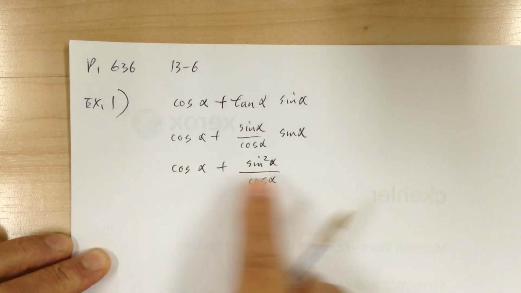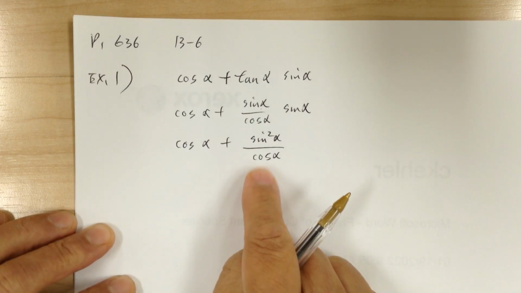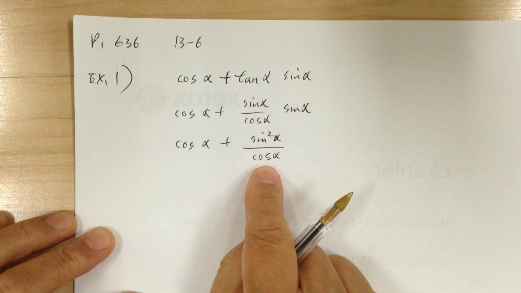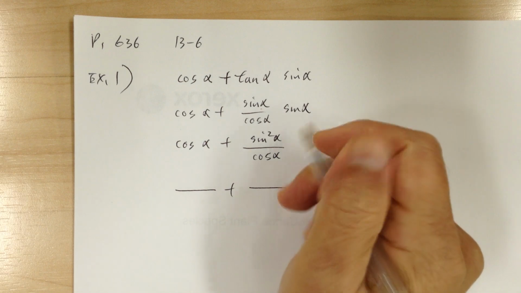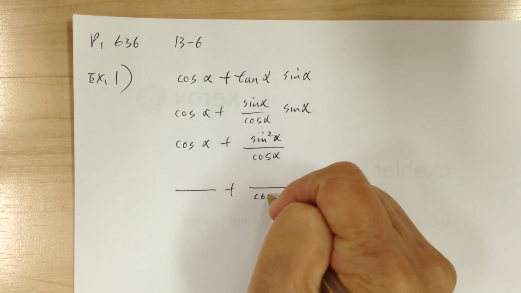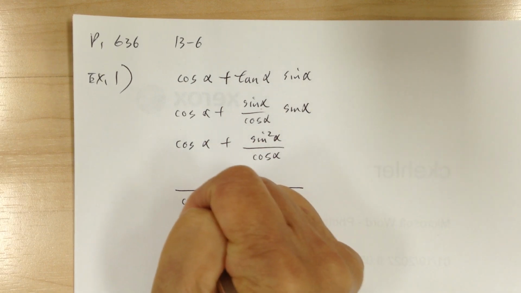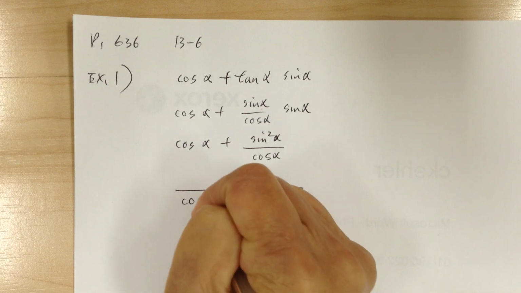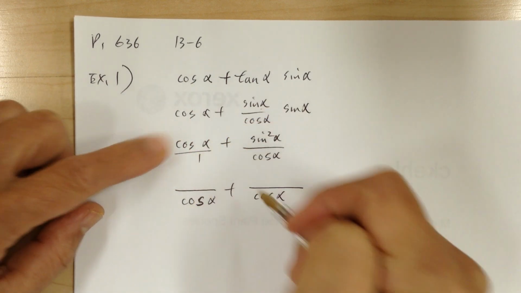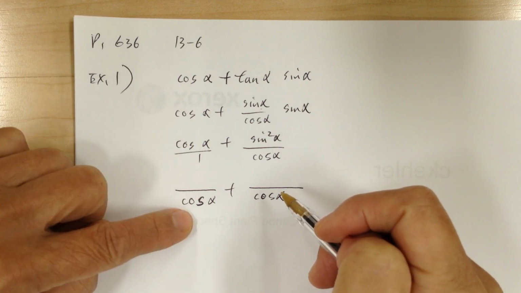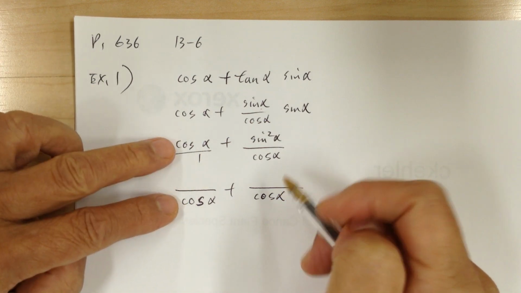Now, when you're adding two terms together with a fraction, you need a common denominator. So over here, go ahead and make it cosine alpha. This is over 1, so from here to here you need to multiply by cosine of alpha.